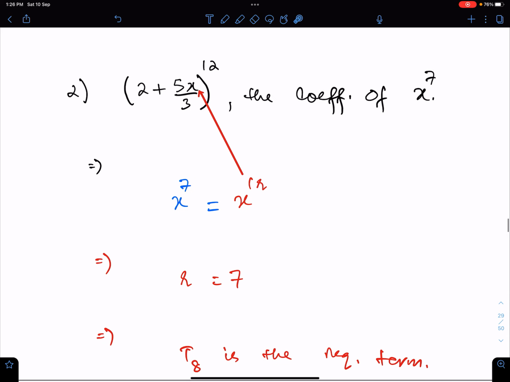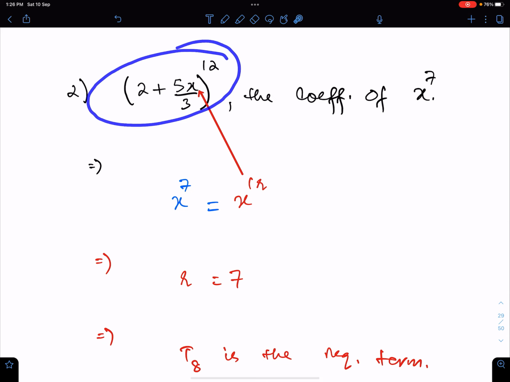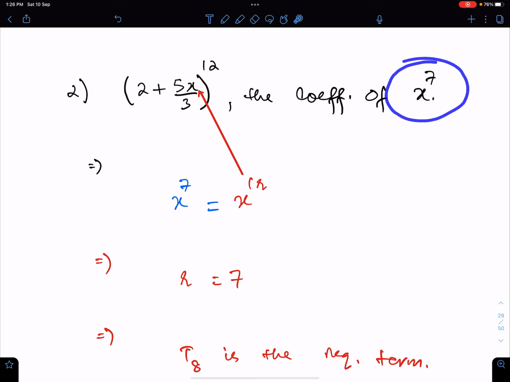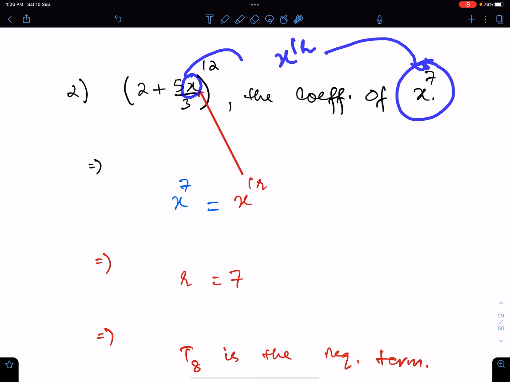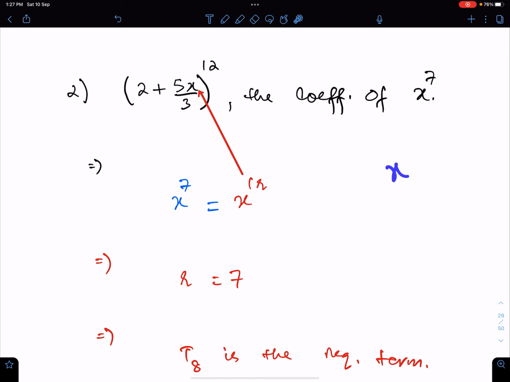Another example. Well, in this question, we need the coefficient of x power 7. Since this expansion is simple, because we have just 1x with power 1, there is just 1x in the numerator. So, for x power 7, we need to compare this x with power 1r to x power 7, which is the requirement. So, write x power 1r is equal to x^7.